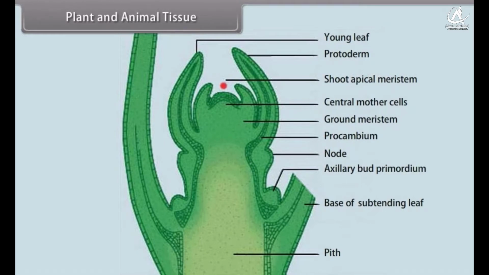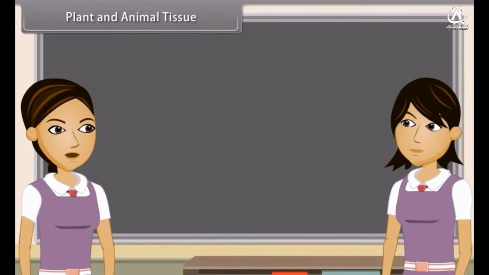There are some tissues in plants that divide. Yes, Madhuri, but in animals, the growth is not restricted to some places. It is uniform growth. In animals, structural organization of organ system is more specified and localized.